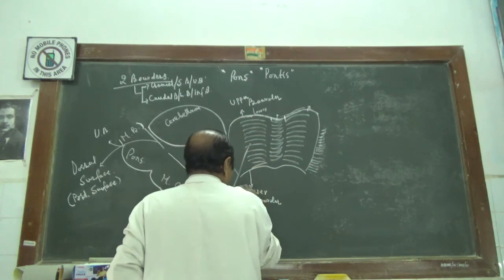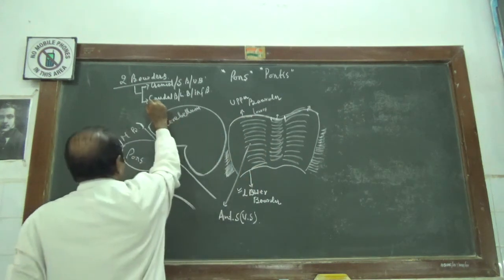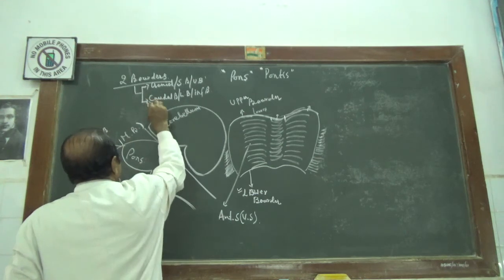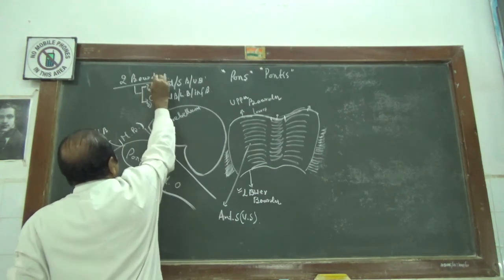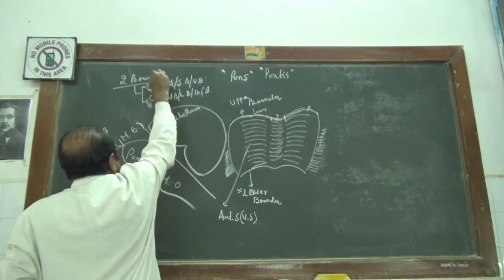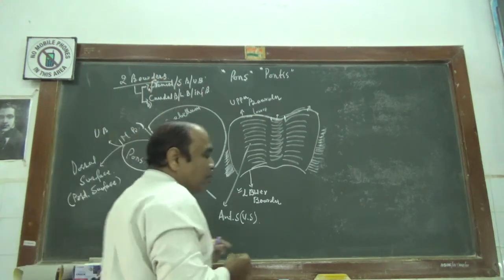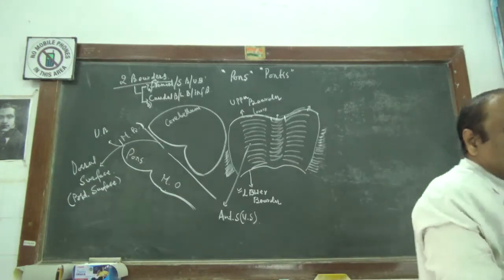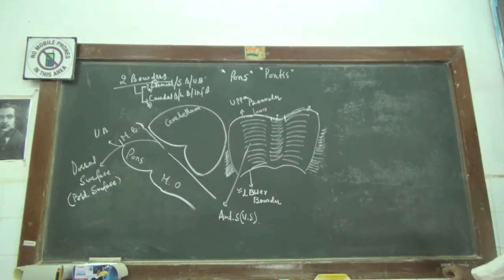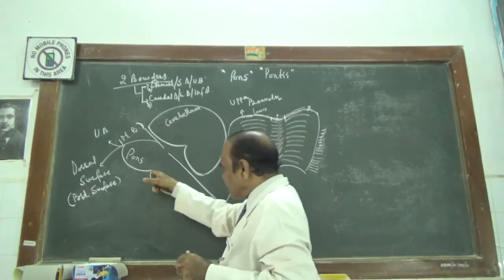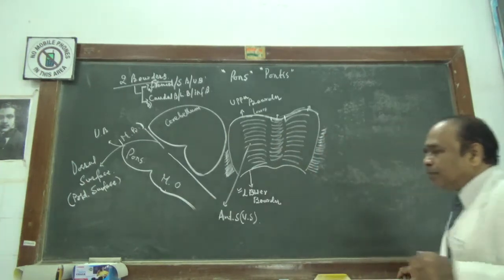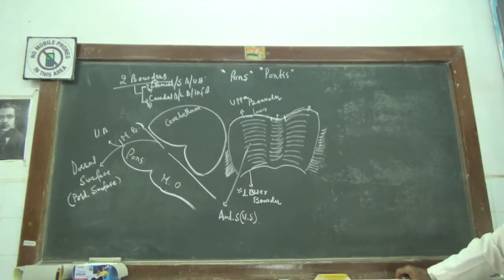So now you have got the lower border. The lower border is also said to be the caudal border. Now this caudal border is directing backwards and downwards, and it is related to the upper end or the cranial end of the medulla oblongata.